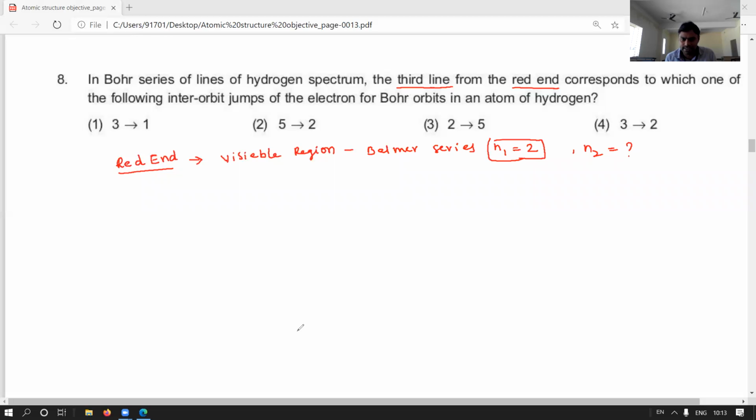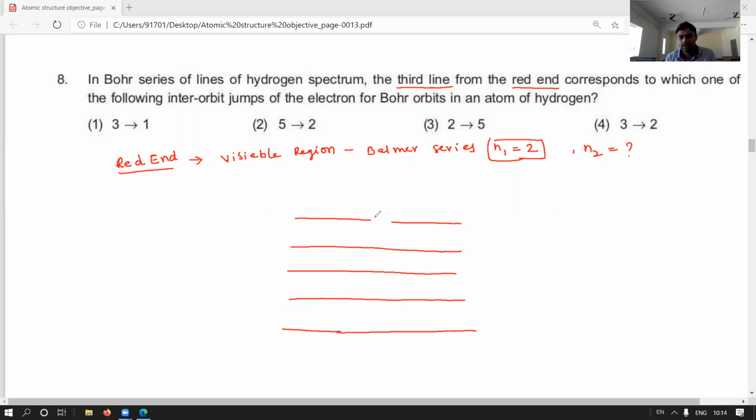So for those energy levels, first you draw the energy levels. Okay, now these are the energy levels.